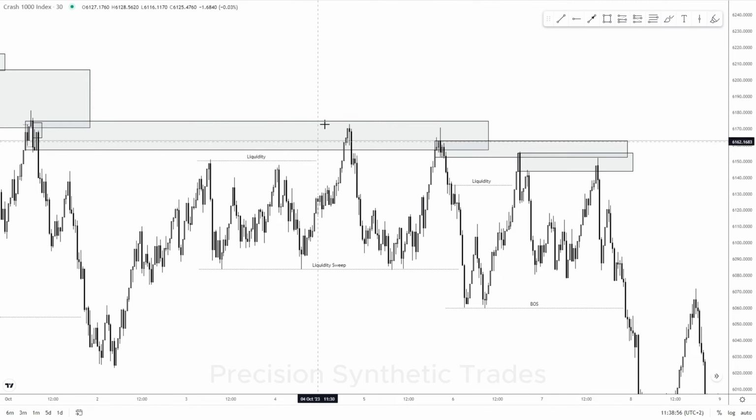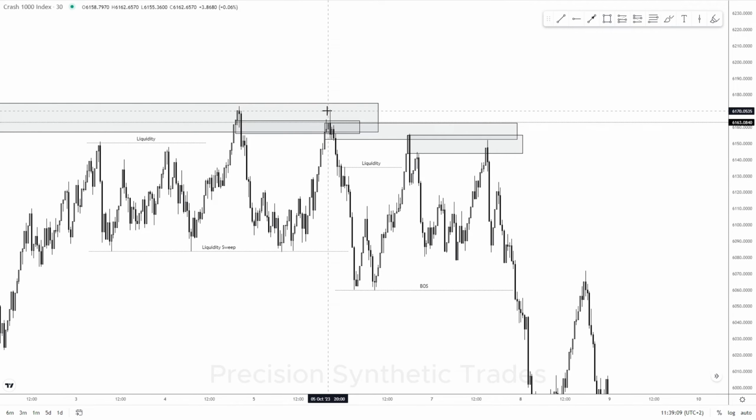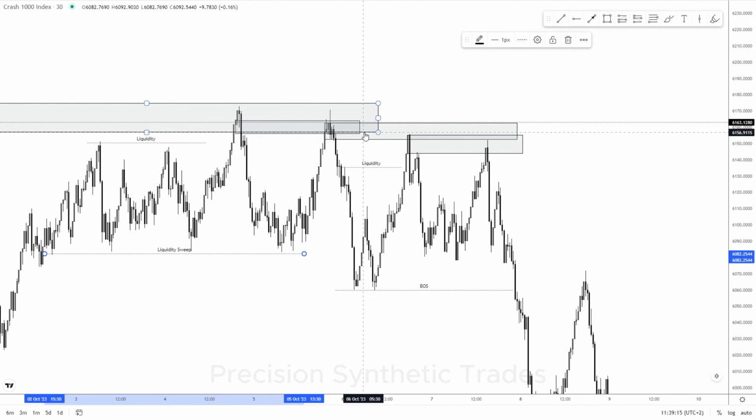Now we are in the area of the order block and the fair value gap. Now you literally take it from this order block and fair value gap, and there's your initial entry, targeting the liquidity that's beneath here. Let me just delete that one.